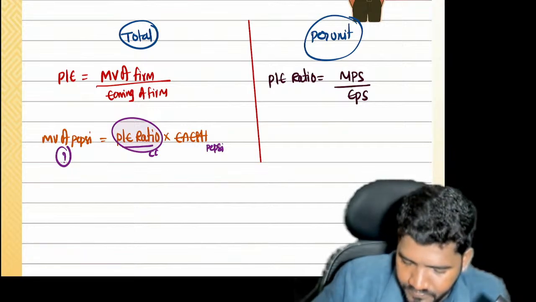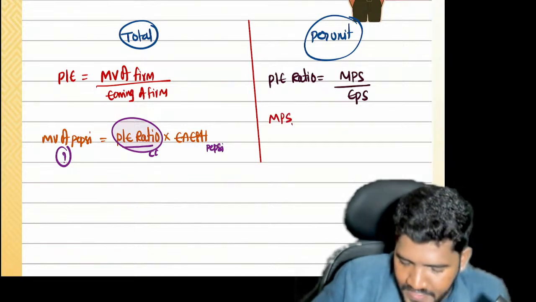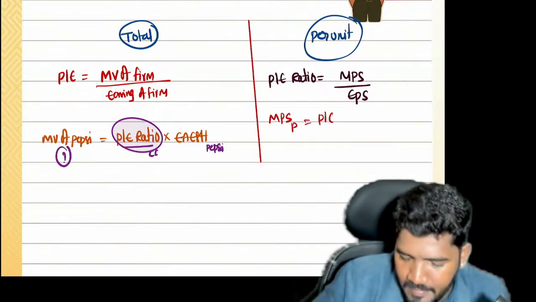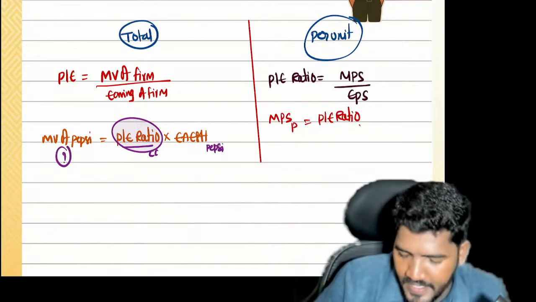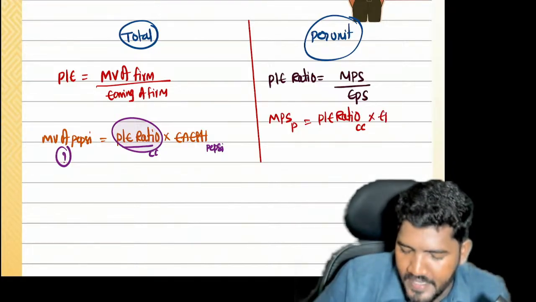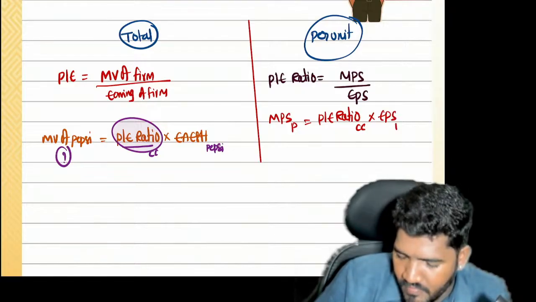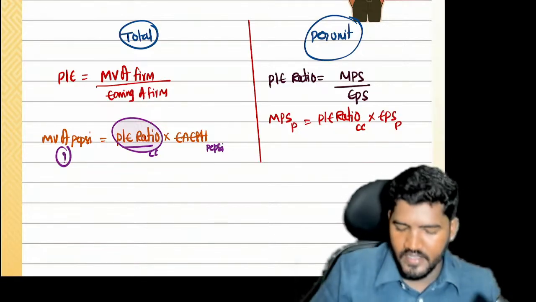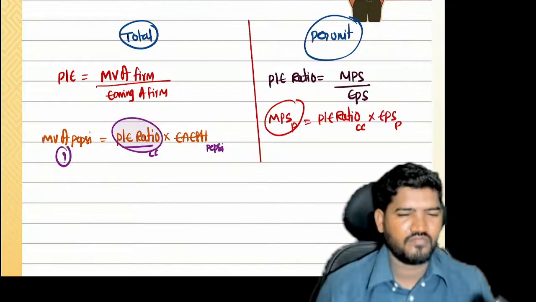Same in the MPS point of view. Let us check. MPS of Pepsi equals the PE multiple or PE ratio of the similar company, Camp Cola, into the EPS of the valuing company, Pepsi. You will get the MPS of Pepsi. Guys, clear?